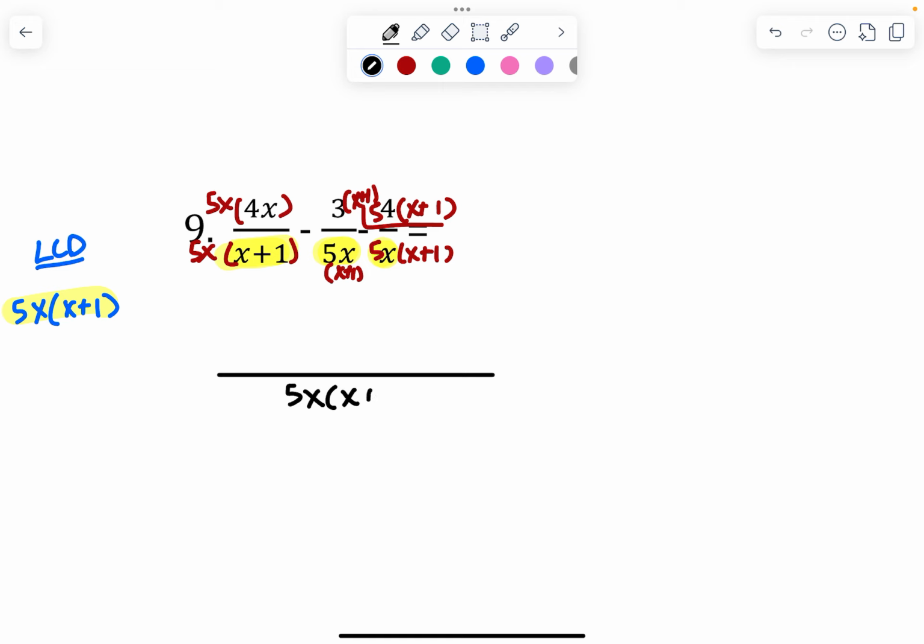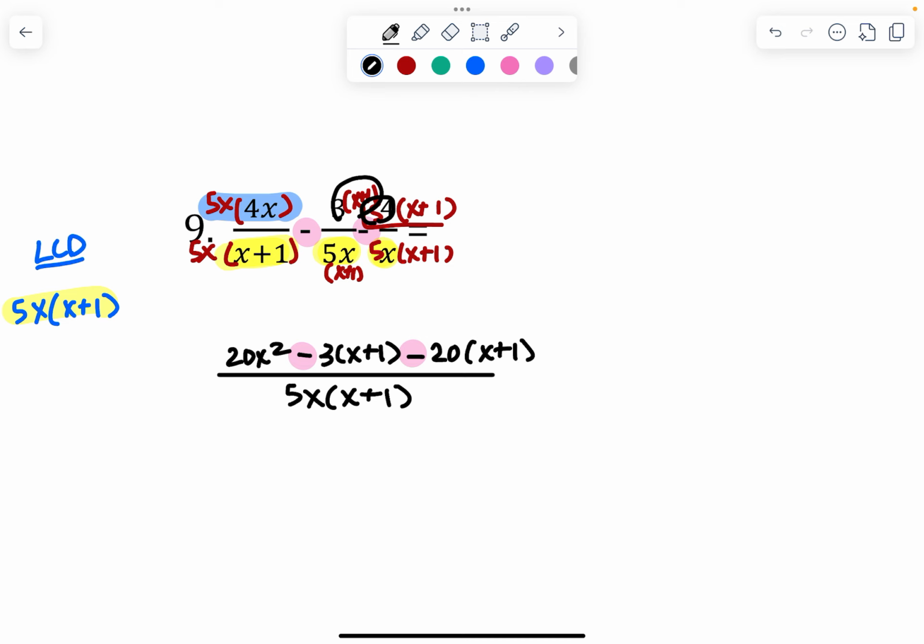And then my first numerator becomes 20x squared. And then I have this minus sign. And then I have this 3 times the (x plus 1). And then I have this second minus sign. And then 5 times 4 is 20 times the (x plus 1).